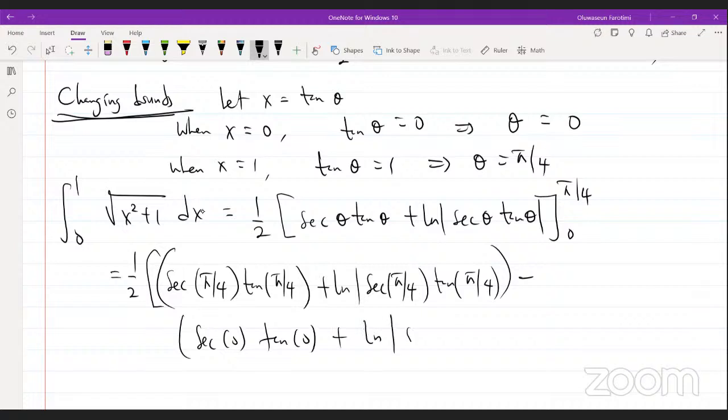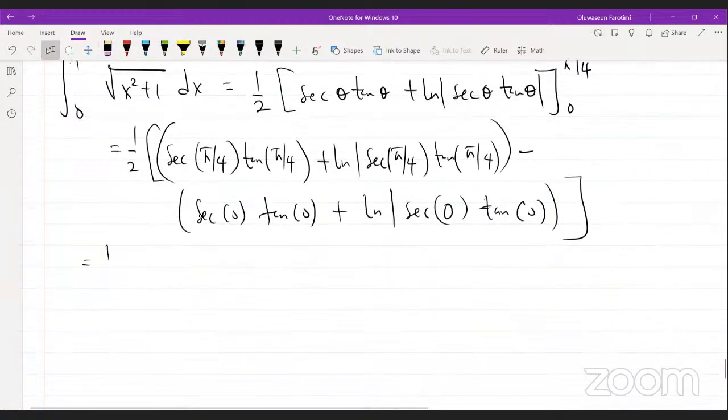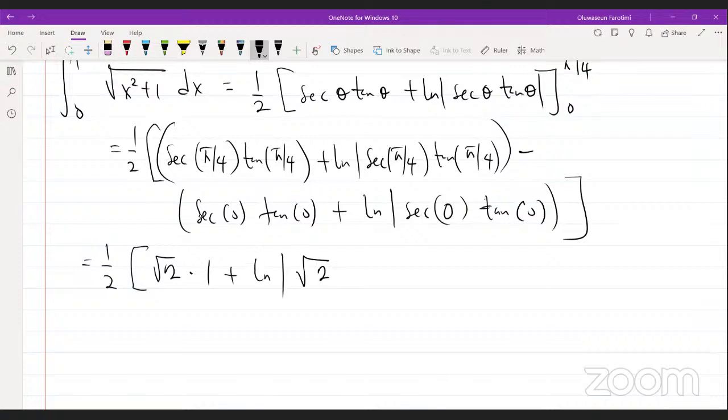Plus ln of secant of 0, tan of 0. Okay, so what is secant of pi over 4? That's just square root of 2. This guy is 1. Tan pi over 4 is 1. Plus we have ln of square root of 2, right?